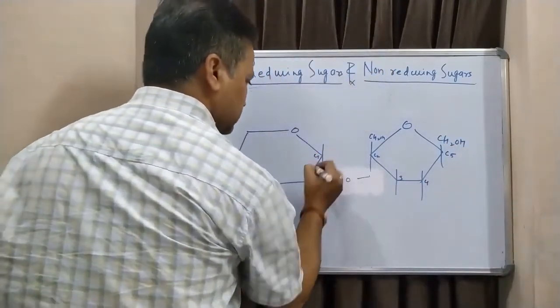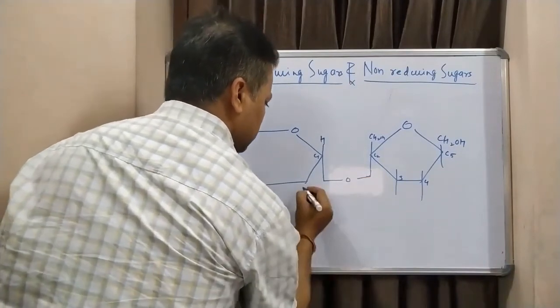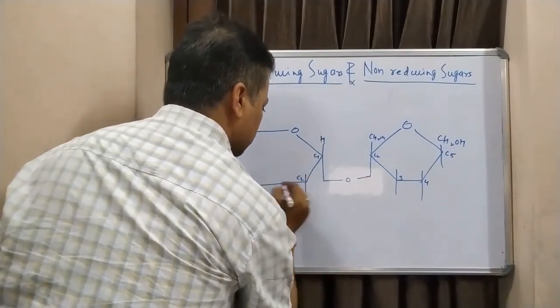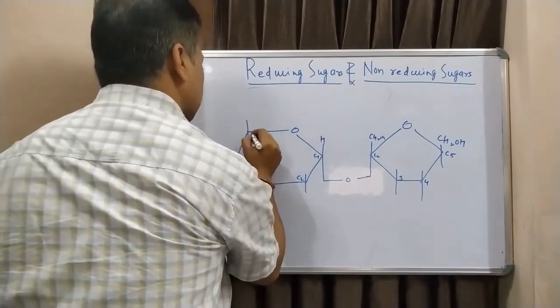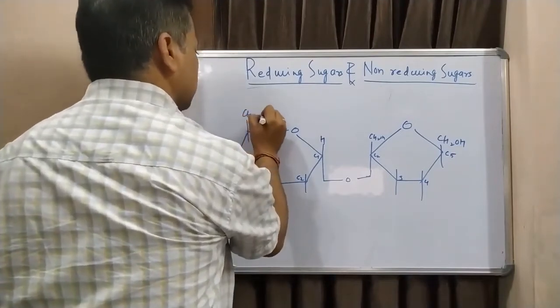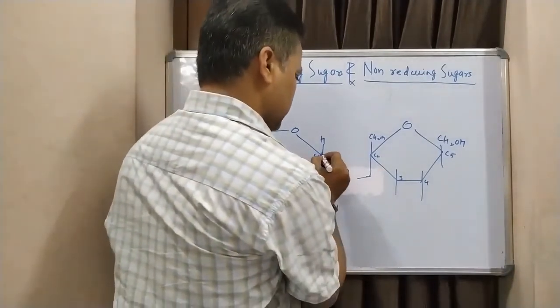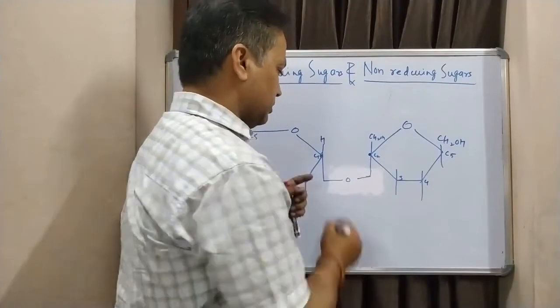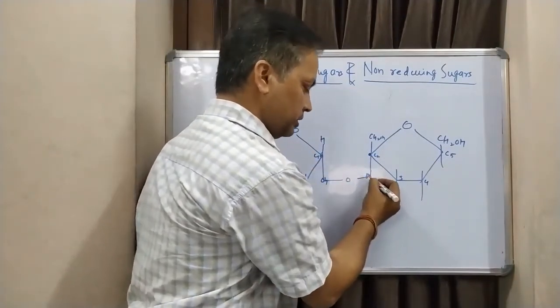Here it is C1, C2, C3, C4, C5 and this is C6. So this was the anomeric carbon here and this was the anomeric carbon here. This has OH here and this has OH here.